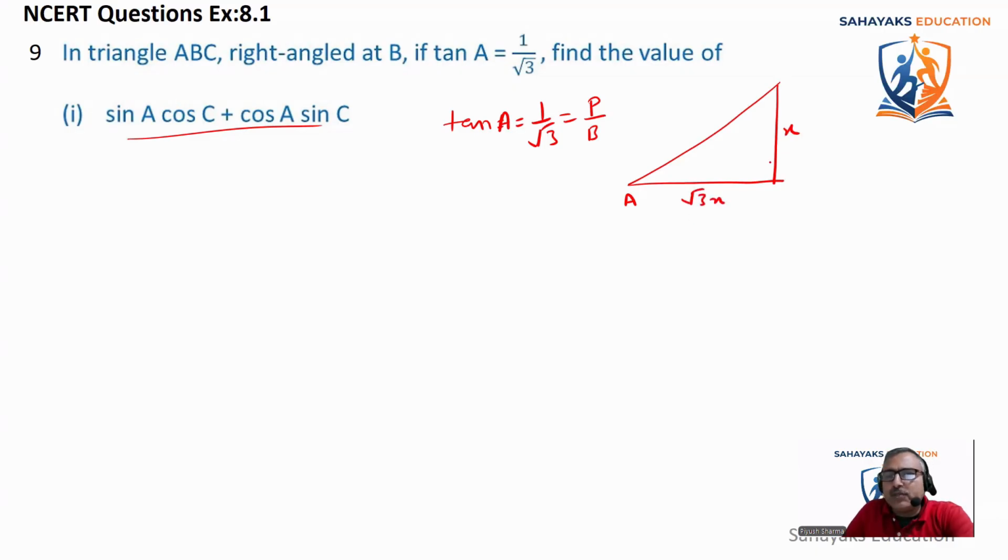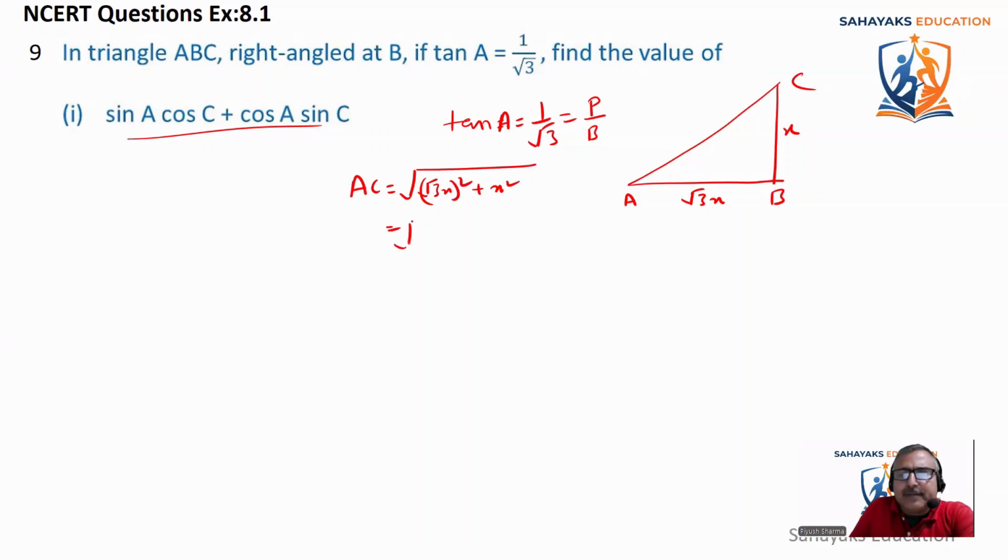Now, if we know the two sides, we can find the third side of a right angle triangle by Pythagoras theorem. So let's find the value of AC. So AC is equal to square root of (root 3x) square plus x square.